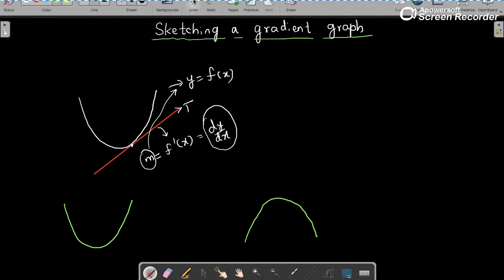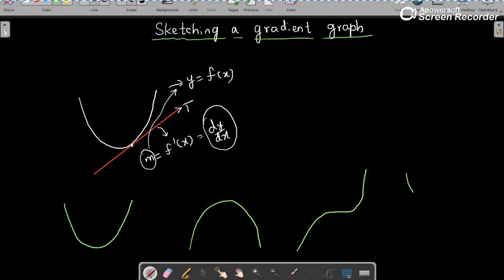Let me take the four cases out here. These are the four types of shapes you can have when you break up the graph into different parts: concave up, concave down, ever increasing (first concave down and then concave up), and ever decreasing (first concave up and then concave down). Let us see how the gradient changes for these.